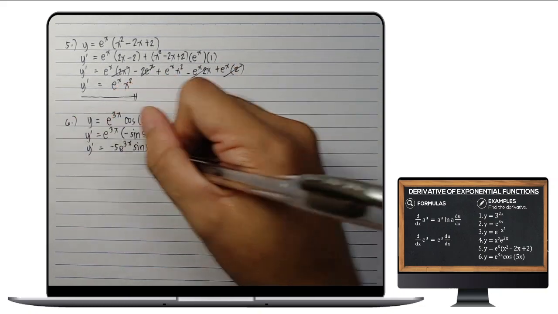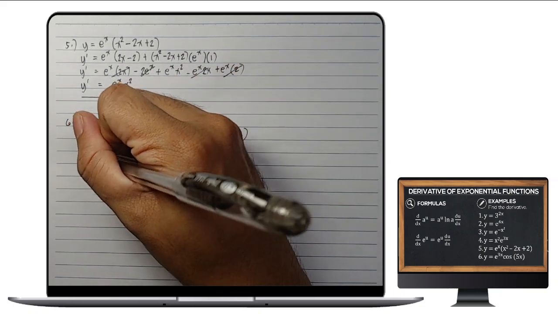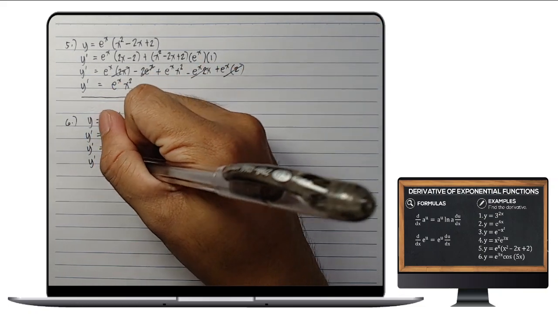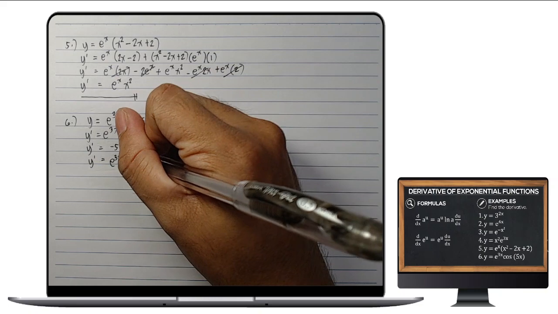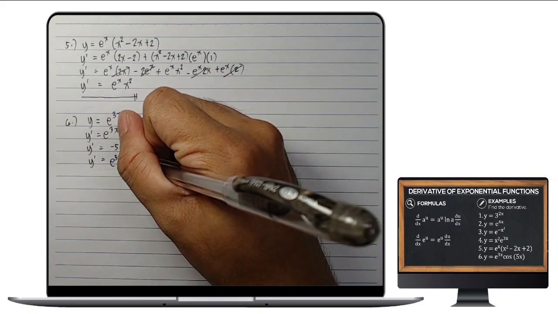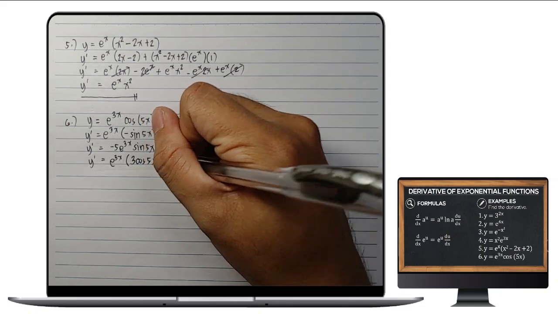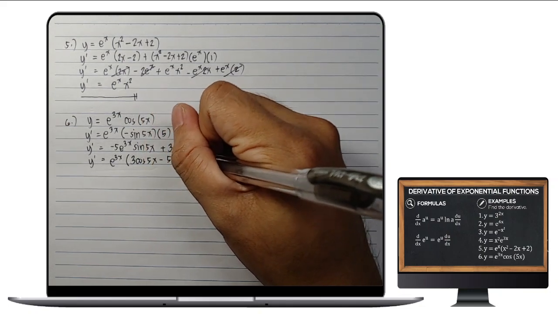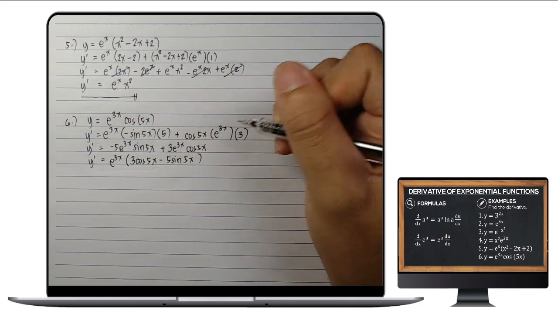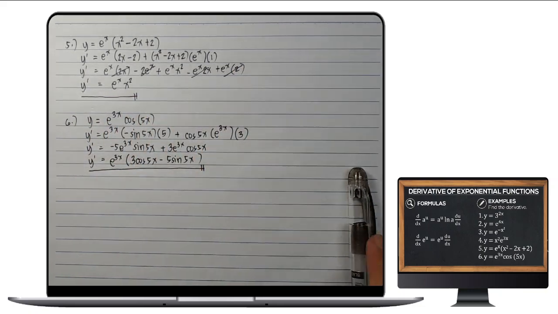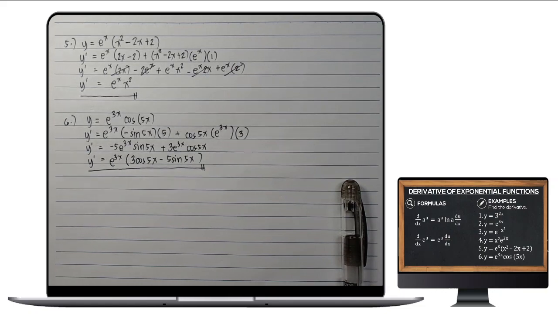Again, you may use this expanded form or the factored form, since the common factor here is e raised to 3x. So that is e raised to 3x times 3 cosine 5x minus 5 sine of 5x. This will be our answer for problem number 6.